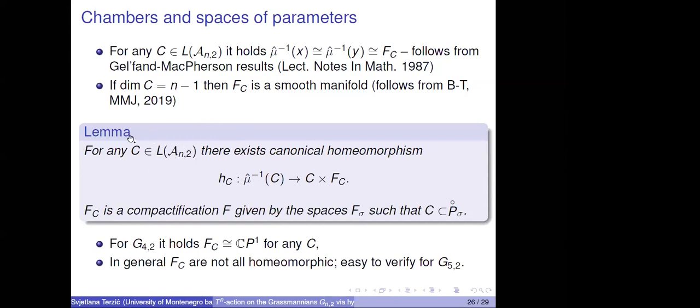To summarize, whenever we have a chamber from this chamber decomposition, there exists a canonical homeomorphism from the pre-image of this chamber in the orbit space to the product of C with Fc. And moreover, since the main stratum maps to the whole delta n2, Fc is just a compactification of the space of parameters of the main stratum given by the spaces F sigma, where sigma is determined by those polytopes which contain C.